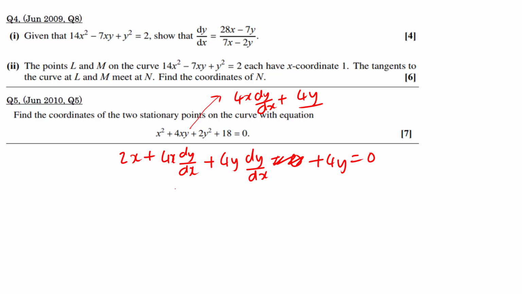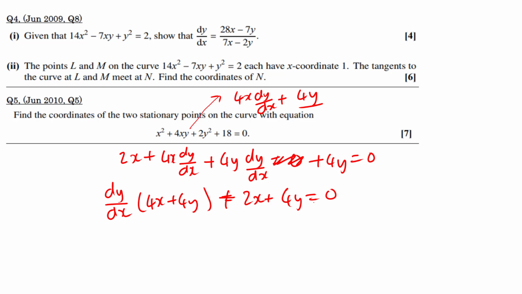So if we do, I would factorise dy/dx out here, and then you would get (4x plus 4y) dy/dx, plus 2x plus 4y equals 0.